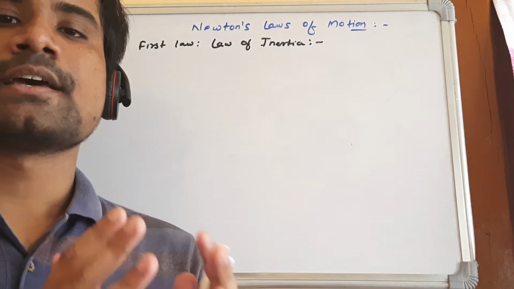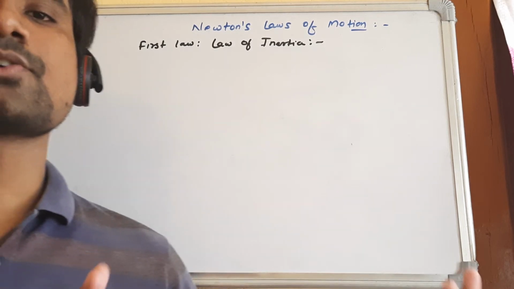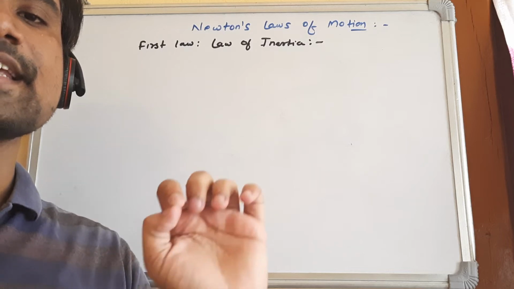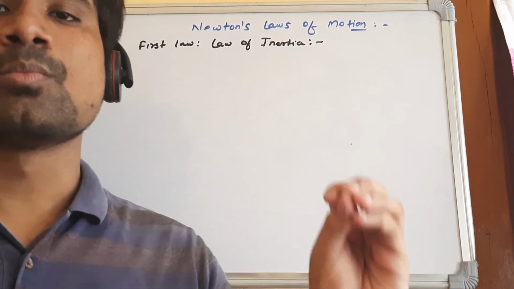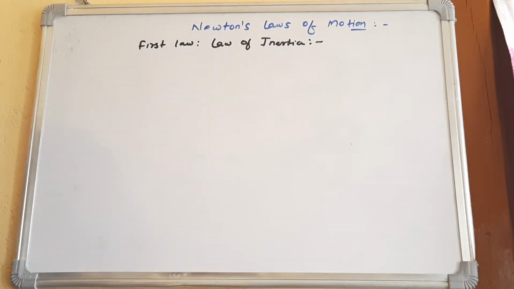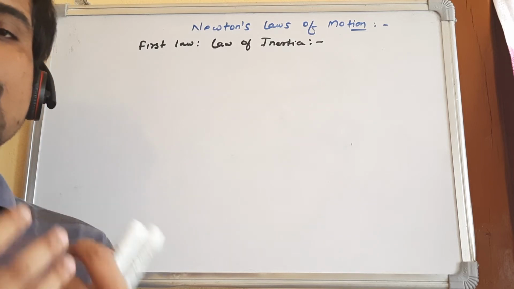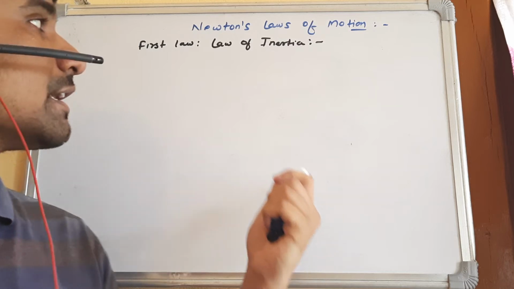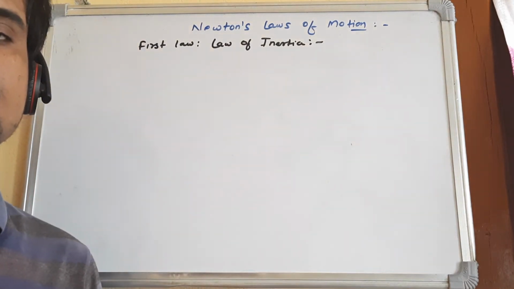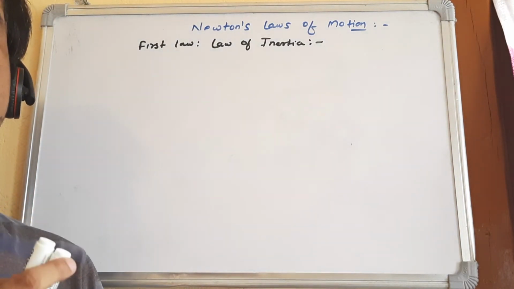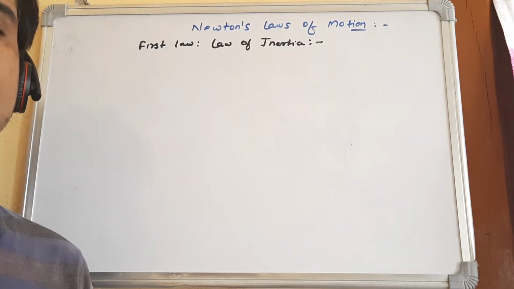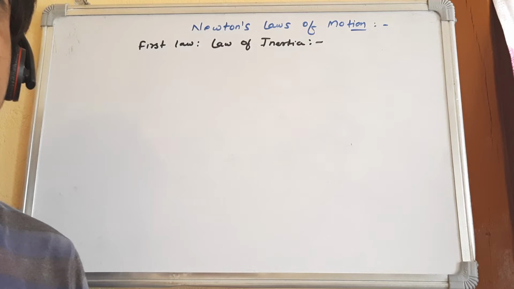Again repeating, if the sum of forces on any object is zero, the body will maintain its state of rest or motion. And that tendency of any object to maintain its state of rest or motion is what we call inertia. The tendency of any undisturbed body to maintain its state of rest or motion is called inertia, correct?